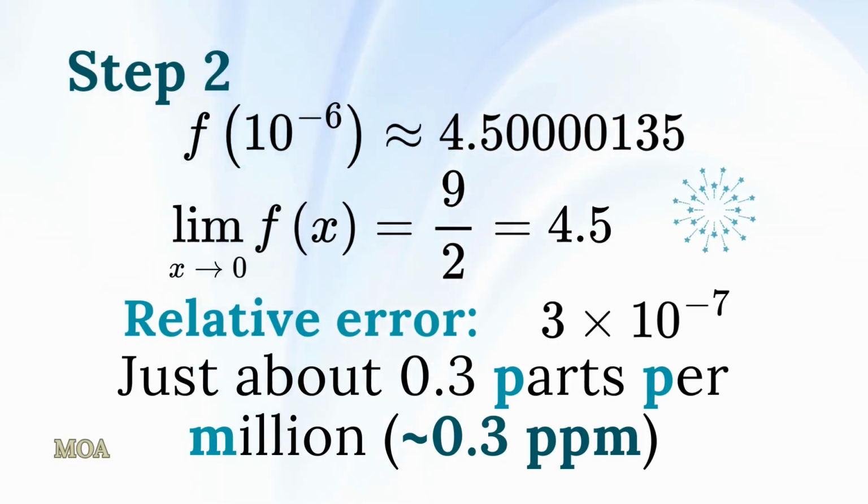The relative error is then the absolute difference between 4.5000135 and 4.5 divided by 4.5. This gives a relative error of 3 times 10 to the minus 7, or about 0.3 parts per million.